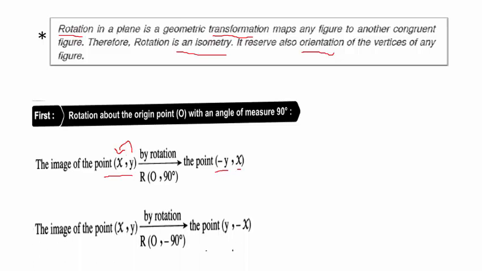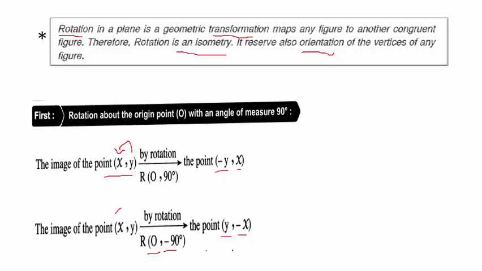When the rotation is around origin point O by negative 90 degrees, negative 90 means the direction of the rotation is clockwise. The image will be (y, negative x).